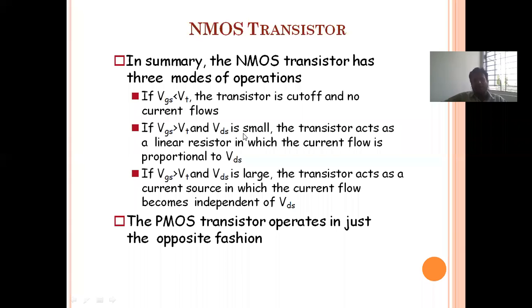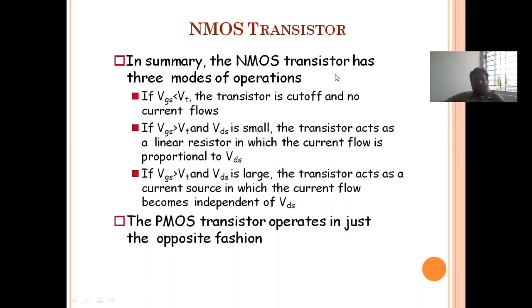The saturation region occurs when VGS is greater than the threshold voltage and, at the same time, VDS is large. The transistor acts as a current source in which the current flow becomes independent of VDS.